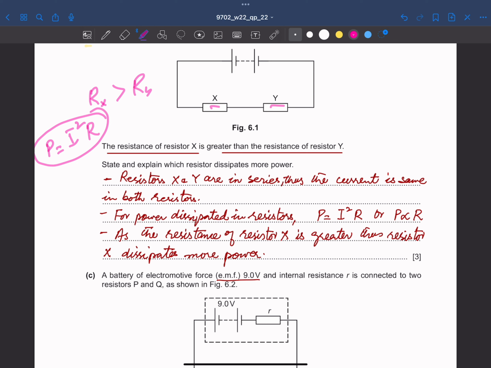They are saying resistors X and Y are in series, first of all, thus the current is the same in both resistors.